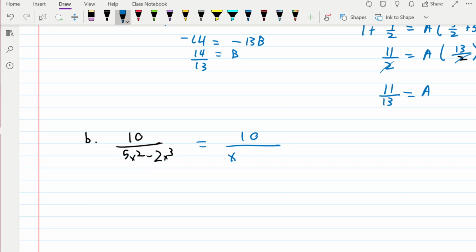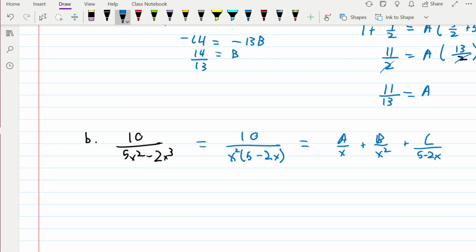So we get x, or actually, we can pull an x squared out. That'll be 5 minus 2x. Which means we'll get the form of a over x plus b over x squared plus c over 5 minus 2x. And let's just check that. And that is correct.